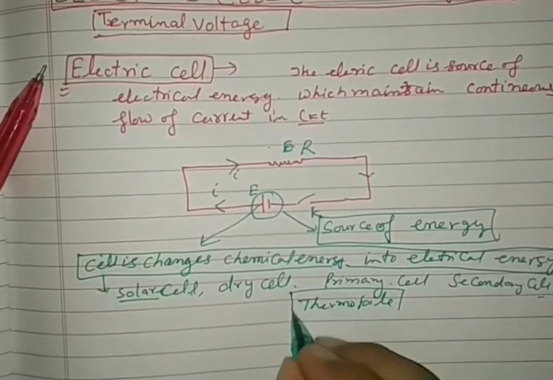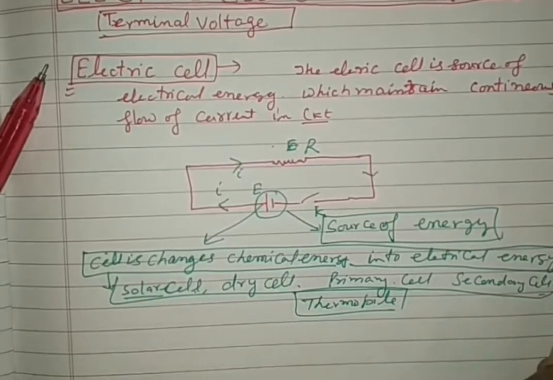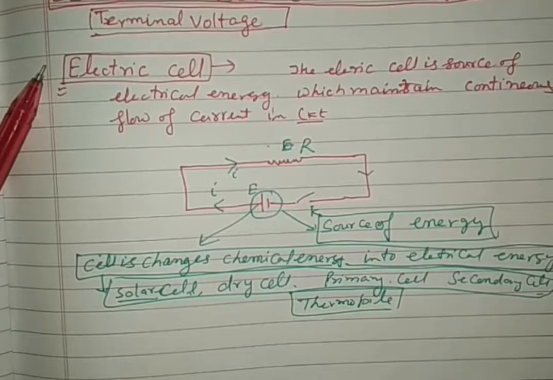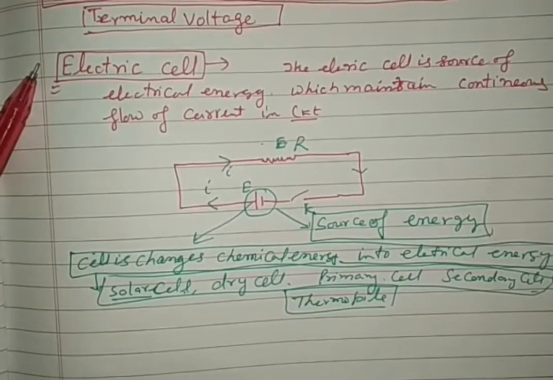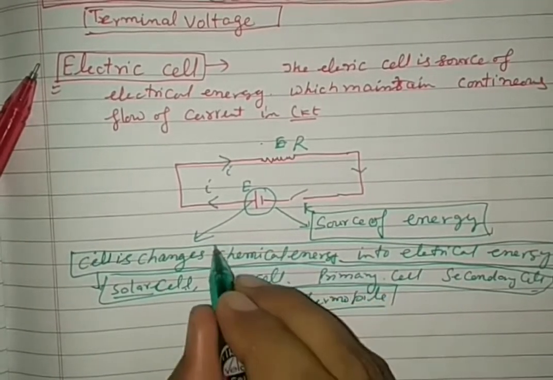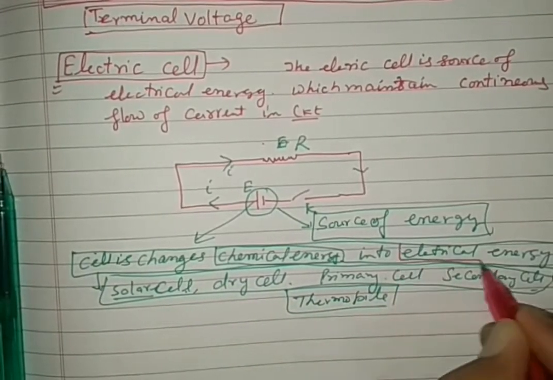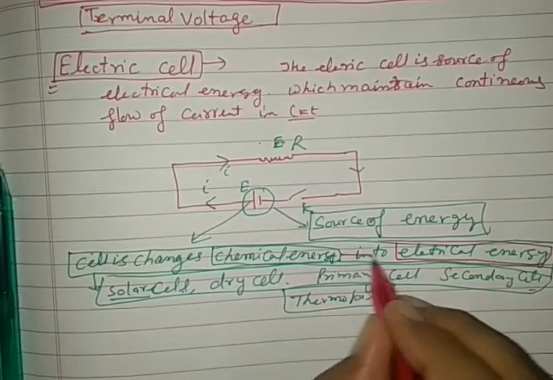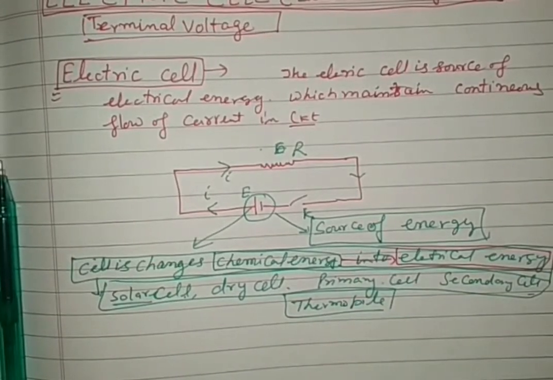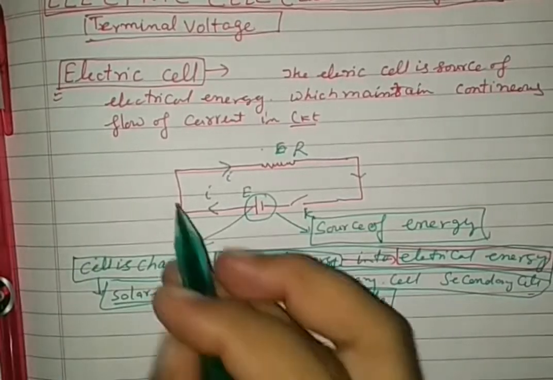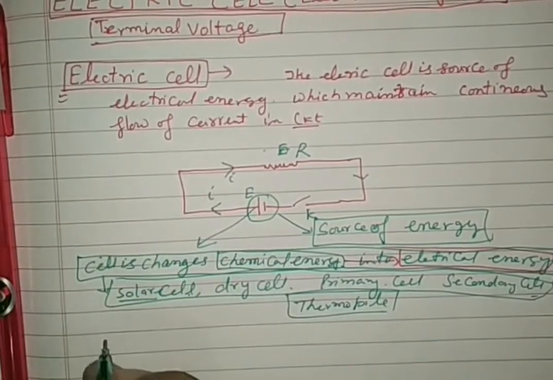A number of devices are available, students, which are sources of electrical energy. They change chemical energy into electrical energy. This is a transformation of chemical energy to electrical energy in the device.